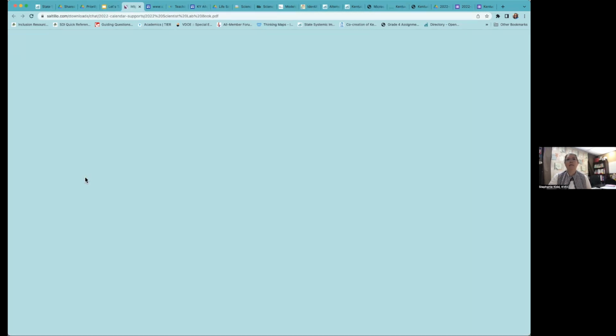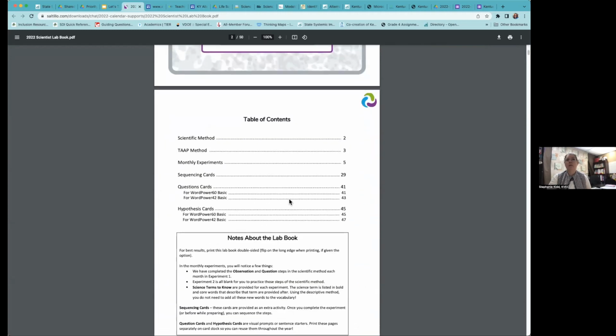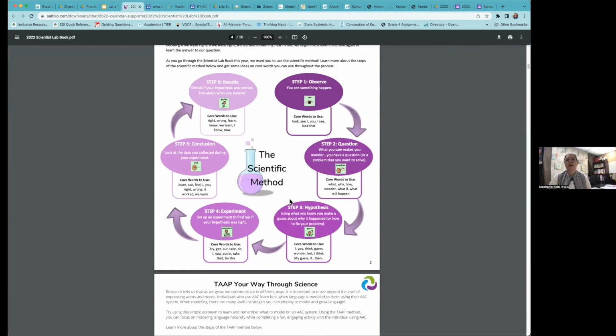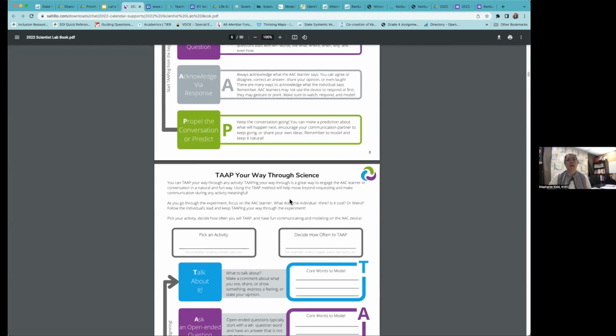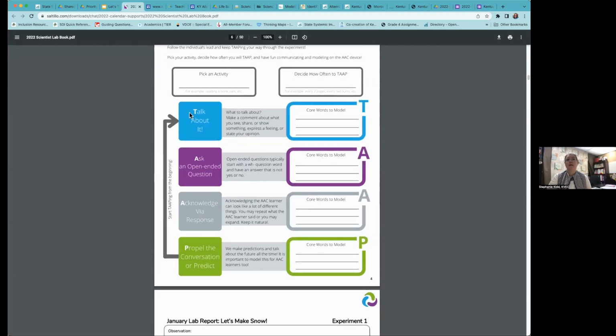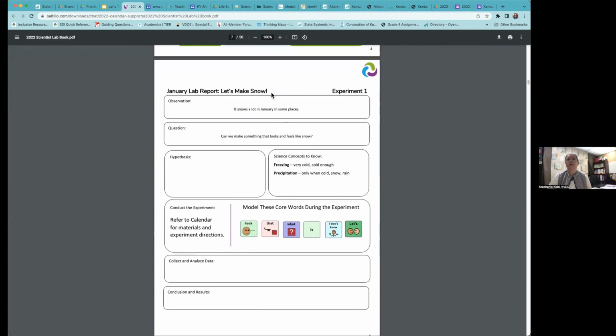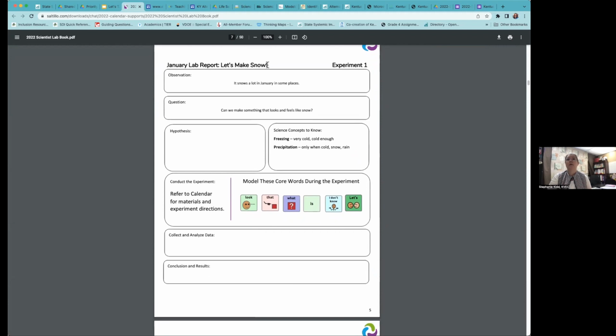This right here, for a science lab book for our kids, is a wonderful science lab book. And again, it's got the PEX board stuff through for it, and it gets into that, talk about it, ask an open-ended question. This is a wonderful place to go. Let it snow. So here's a lab that you can do for January with your kids, and it gives them the opportunity to write in these spaces.